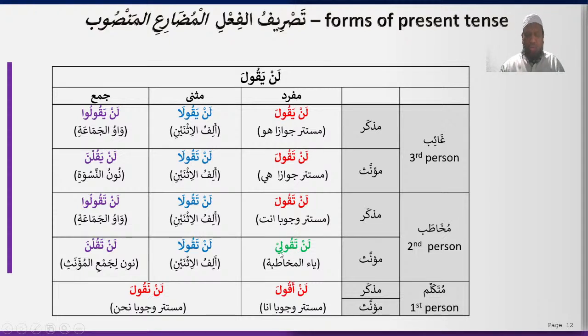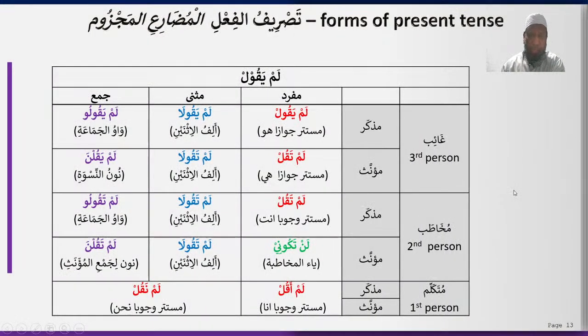So لن تقولي, the تقولي is the فعل مضارع منصوب وعلامة نصبه حذف النون. The file is same file, will never change for مرفوع or the منصوب or the مجزوم. The file is always exactly the same.